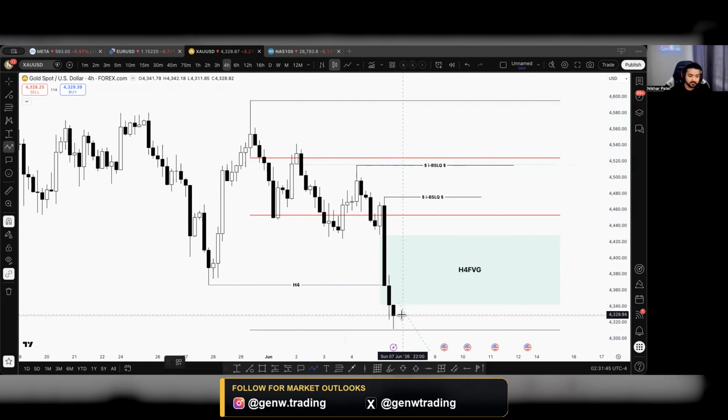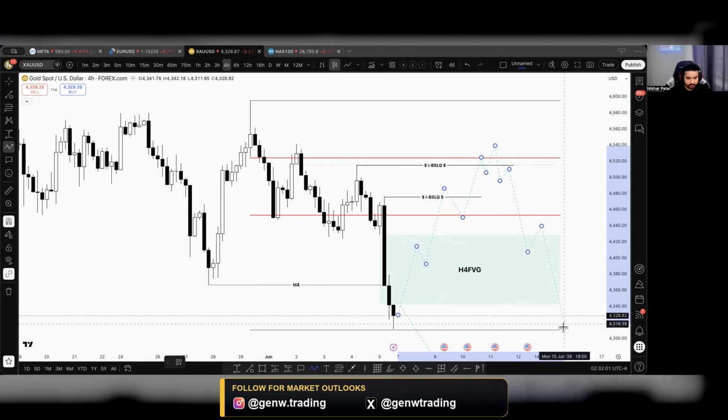Now the most ideal dream shot would be let gold go up, take out this internal buy side liquidity, mitigate this H4 fair value gap where we can go with a more confident risk on the trade to target the lows.